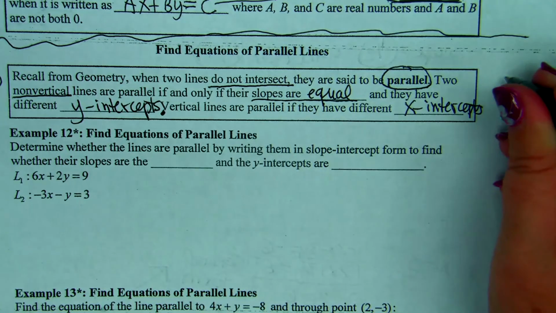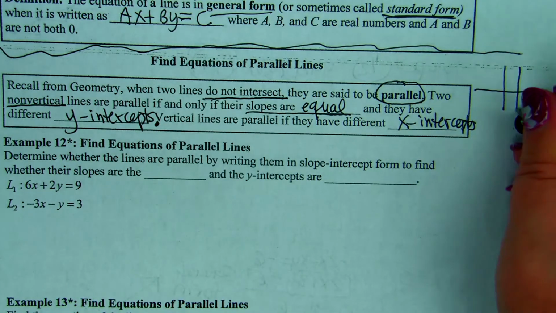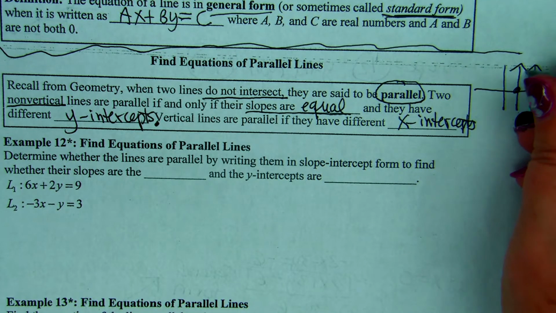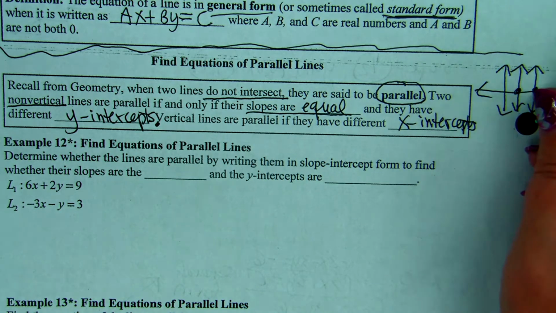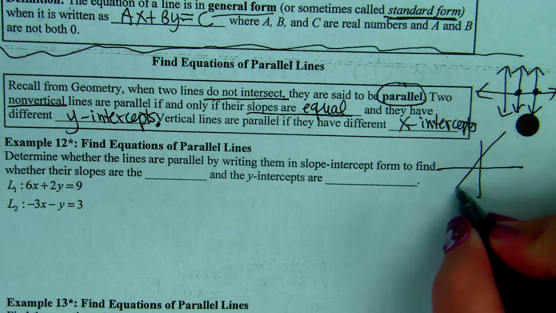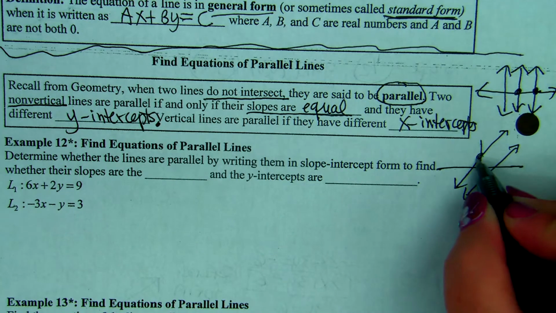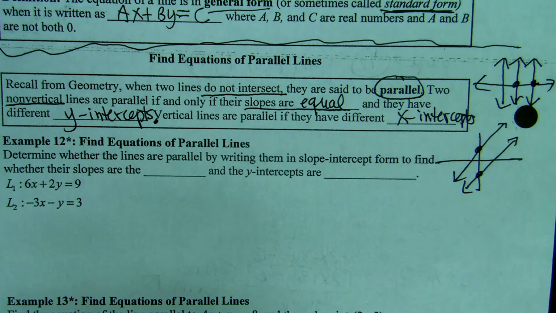If you think of what vertical lines look like, one would intersect x here and one would intersect x here, and they have different x-intercepts. That's when the vertical lines would be parallel. For normal parallel lines, their y-intercepts have to be different, or they're not parallel, it's the same line.